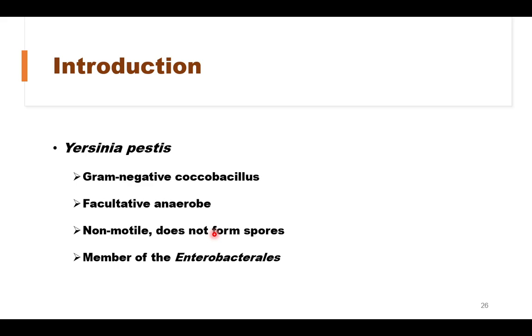Is the clinical sample urine, is it CSF from a neonate and things like that? Because we know that E. coli can be a benign organism in the gut. However, with Yersinia pestis, if you isolate it from any clinical specimen, it is never considered a normal microbiota. It is pathogenic, always pathogenic, exactly.